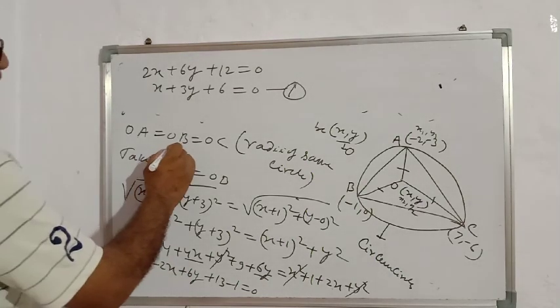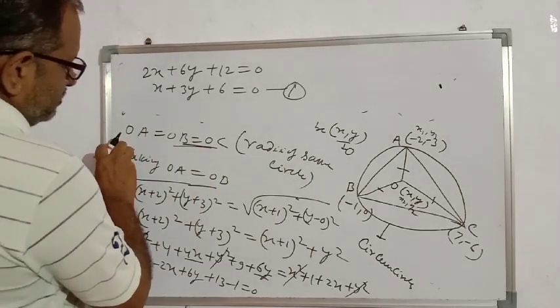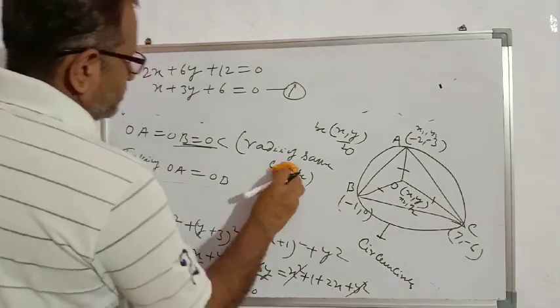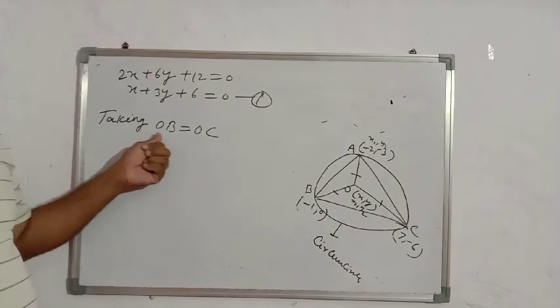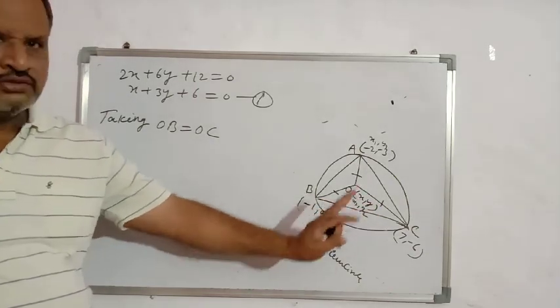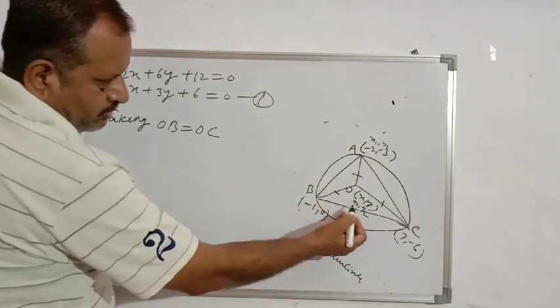Next time we will take OB is equal to OC. OB and OC both are radius, so they will be equal. How will we find OB using the distance formula?